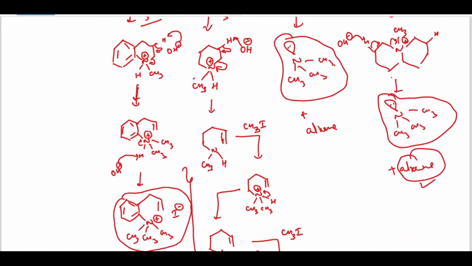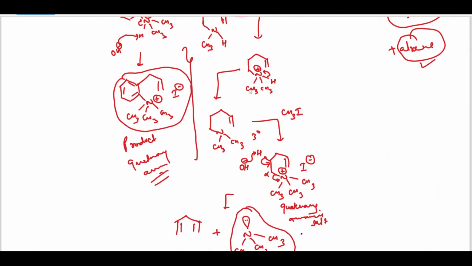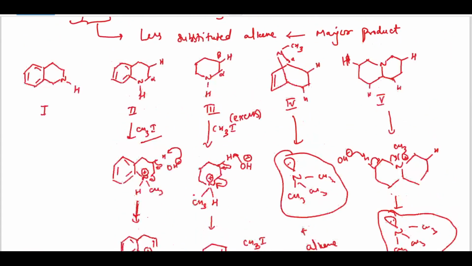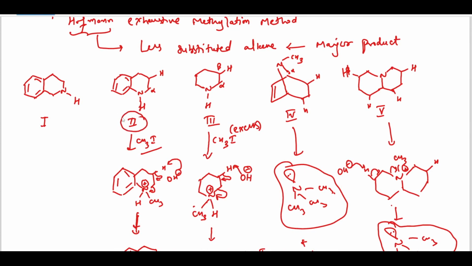So there will be no formation of trimethylamine in the case of the second substrate. Similarly, you can see in the case of the first substrate, there is only one beta hydrogen, that is this. But in this case, there is no beta hydrogen. Clear?